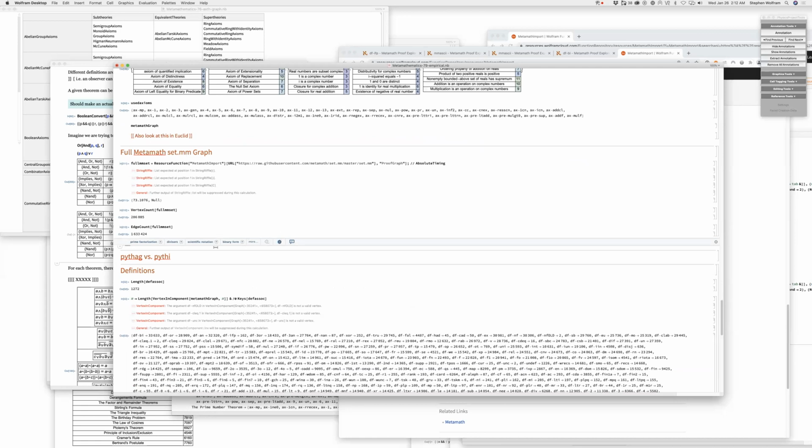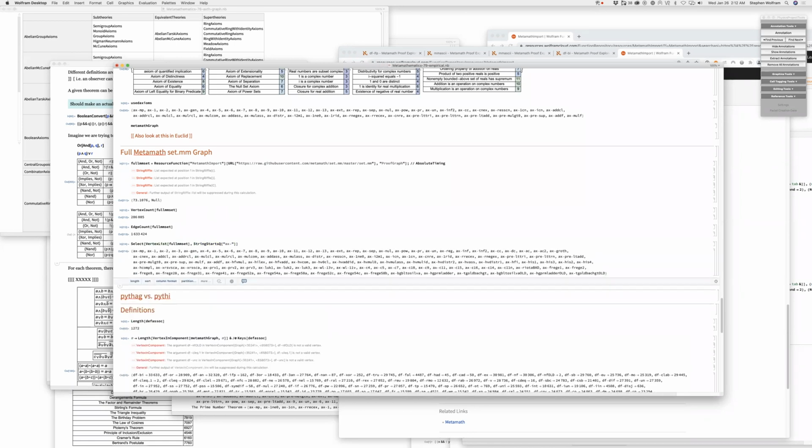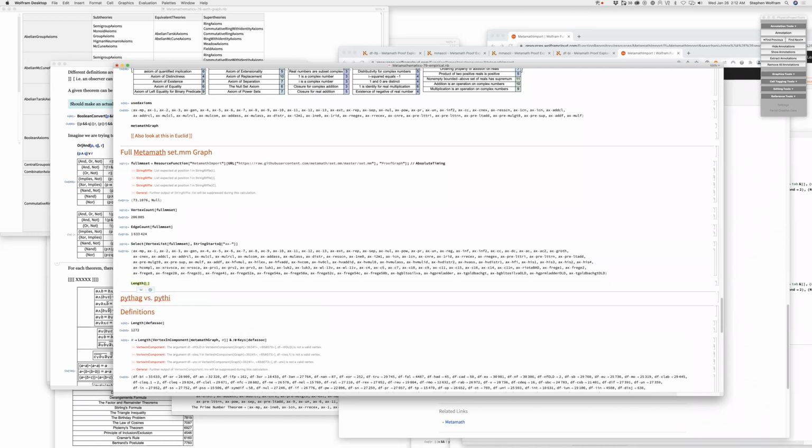No, we want to select in vertex list a full set, string starts with ax dash. Okay, let's see how many of these there are.